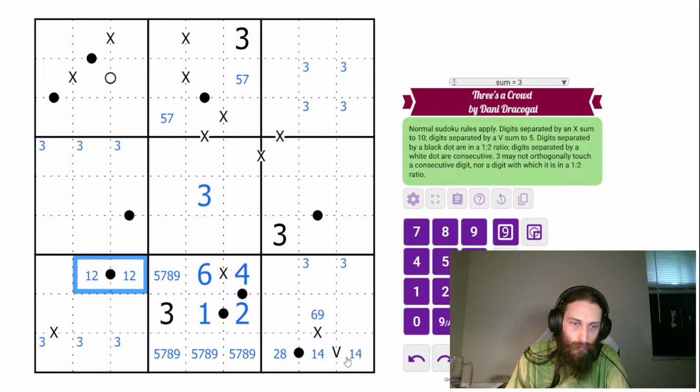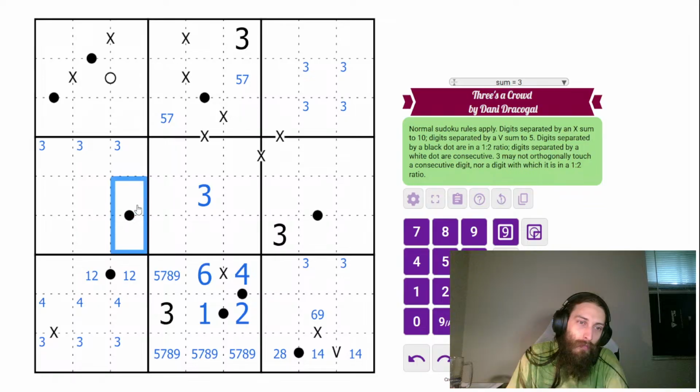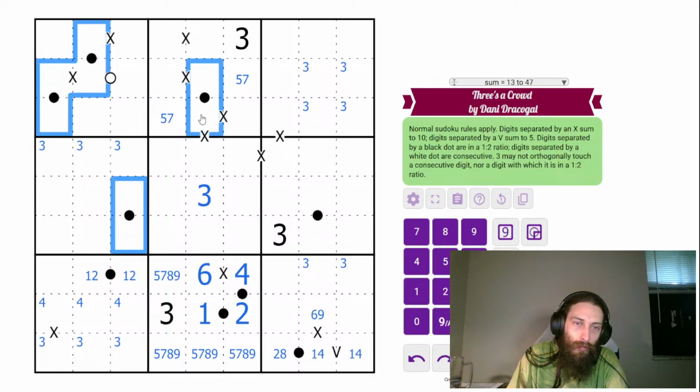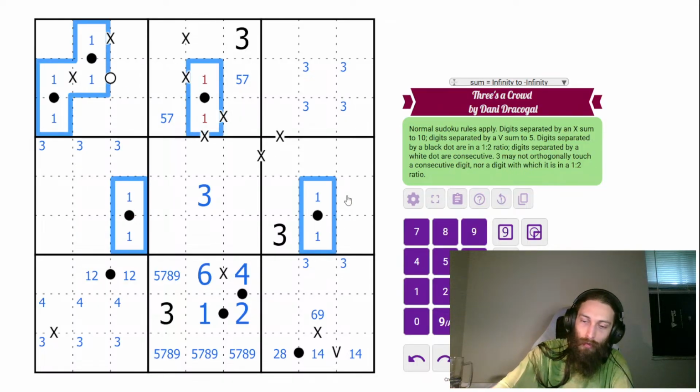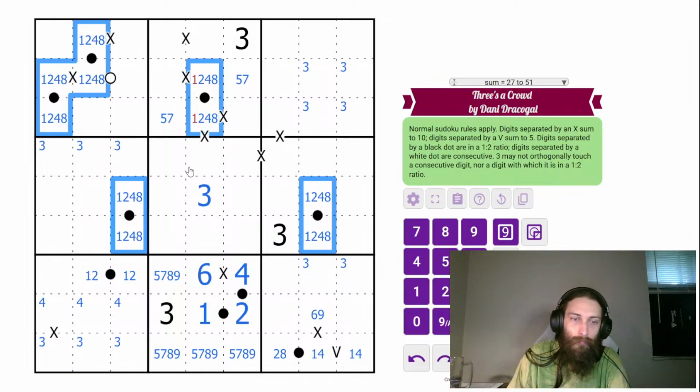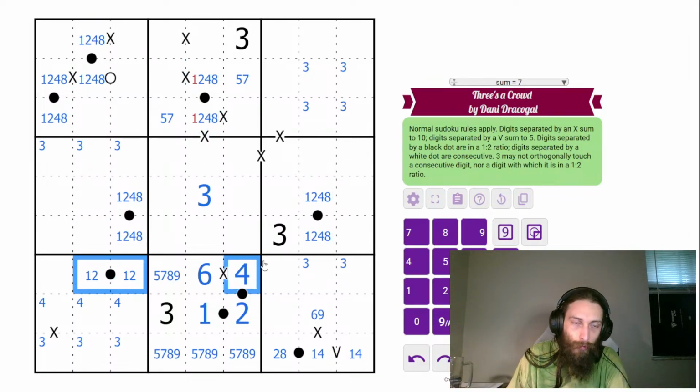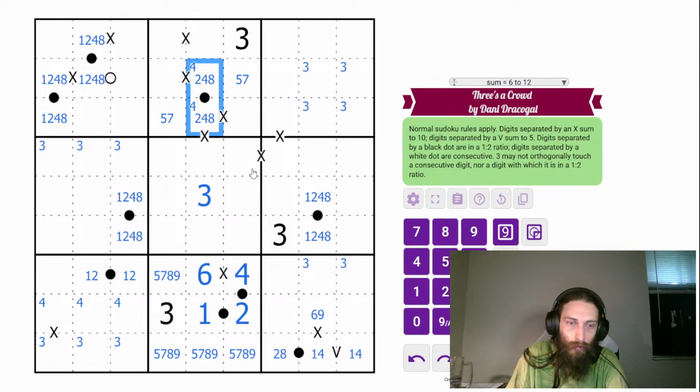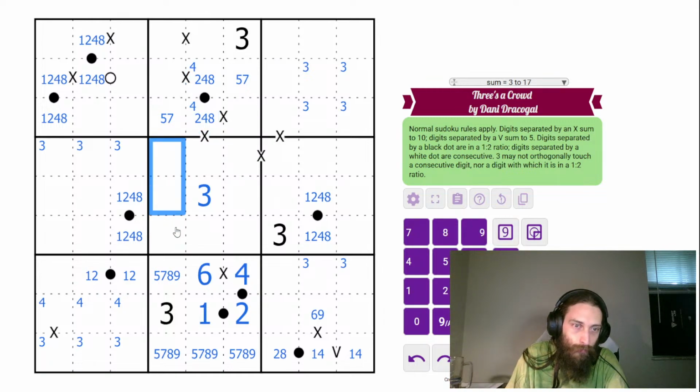Doesn't matter. This has to be a 1-2 pair, because we know that all of these have to be 1, 2, 4, 8. And this one can't have a 4, so it clearly can't have an 8. This one doesn't have a 1 on it, so 4 is required.